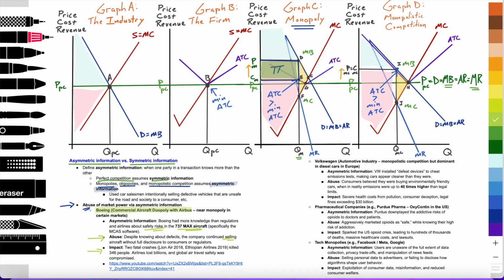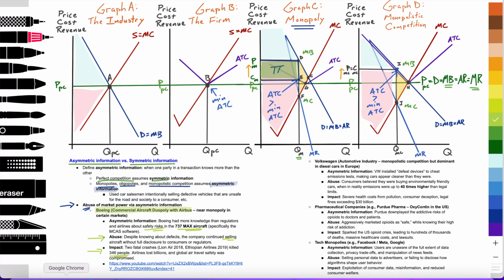You had two fatal crashes, Lion Air in 2018 and Ethiopian Air in 2019, where 346 people were killed. So this is a real-world example that you can bring into your paper exam. That's a clear case of abuse of power against the consumer due to the asymmetries of information.